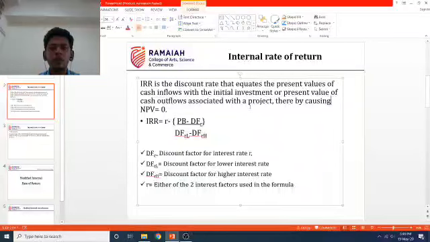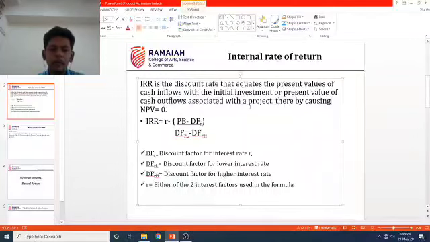For example, if you are spending 100 rupees today and you would earn 200, 150, 175 and so on for the rest of the 5 years, at what rate should we discount all these cash inflows so that the present value of cash inflows will be equal to the present value of cash outflows, which will result in the net present value being zero?